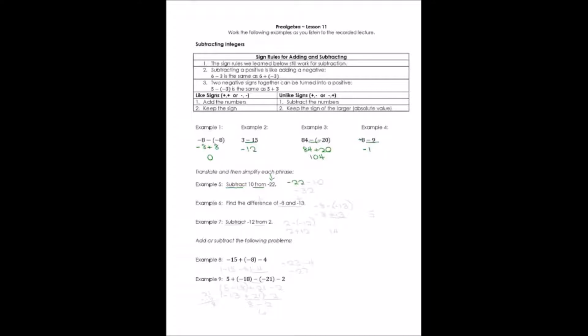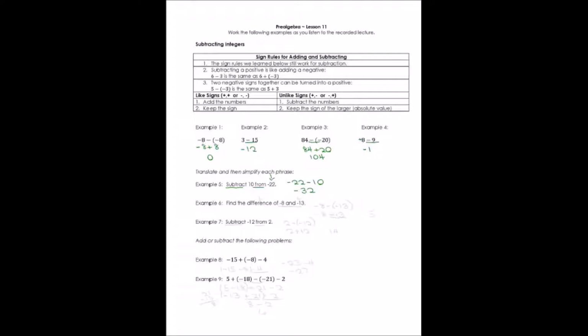Negative 22, then I say minus what comes next, 10. Now I want to simplify this. Negative 22 minus 10, both of them are negative. When I have both the same sign, I add the numbers. I would come up with the number 32, and I keep the sign, which is negative.